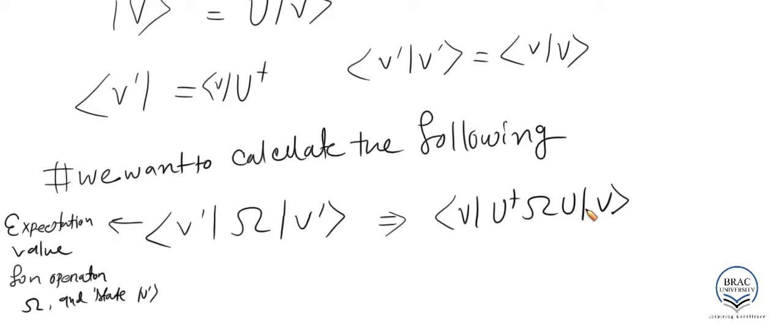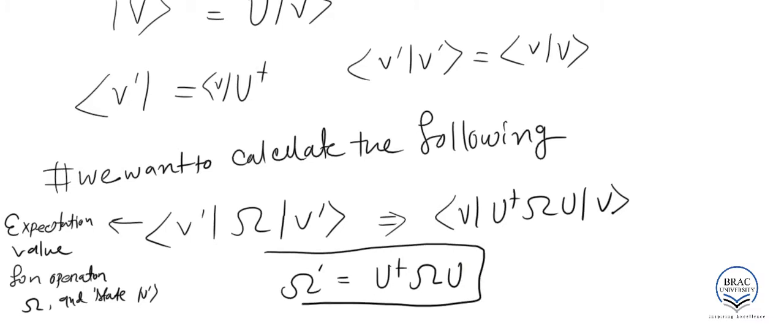So this is what is known as a passive transformation. That is this one. So what does this mean? This means that if you transform this and denote it with omega prime, this is just u dagger omega u. So when the operator itself gets affected, this is known as the passive transformation.